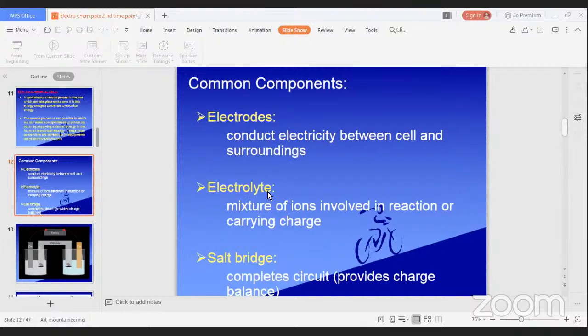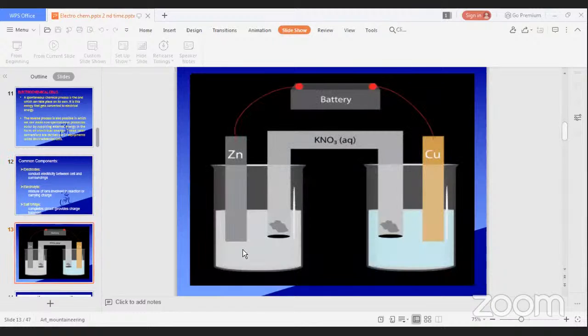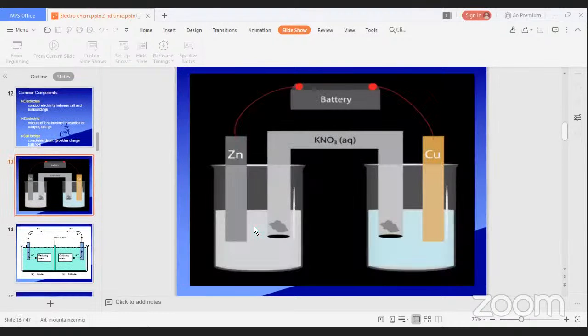Next, what is the electrolyte? A mixture of ions involved in a chemical reaction, carrying the charge. That is called electrolyte. See here, I am taking zinc as an electrode. If I take zinc sulfate, that is an electrolyte.